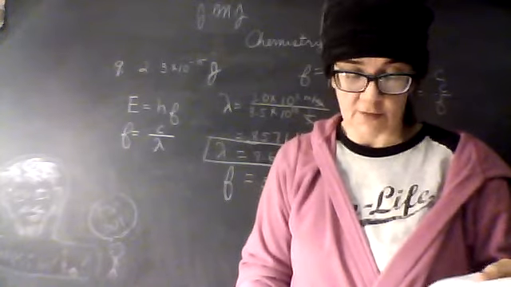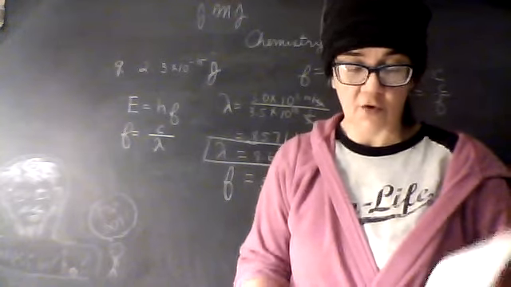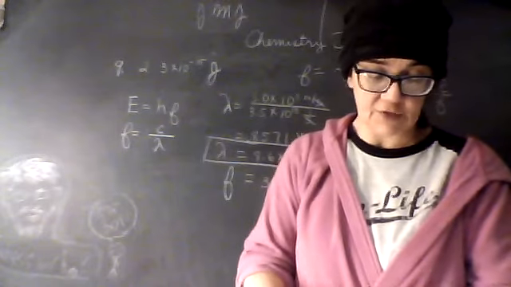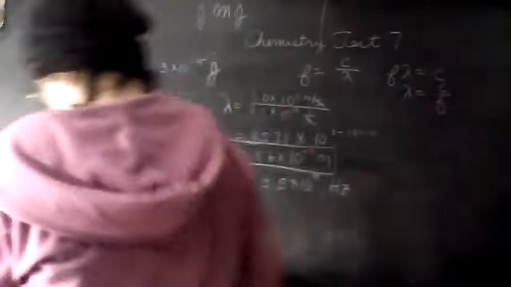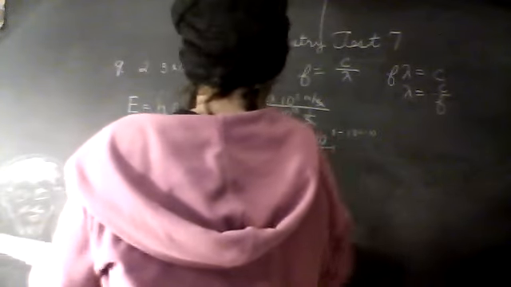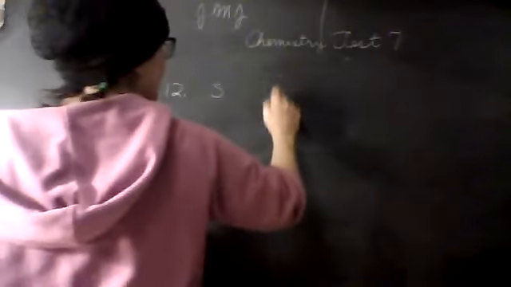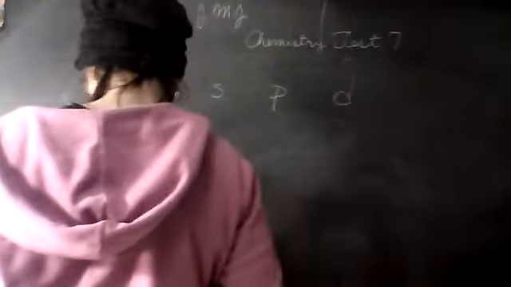Number 12, order the three orbital shapes we have studied in terms of increasing energy. Well, the three orbital shapes we have studied are S, P, and D. And that's the order we've studied them in, okay?